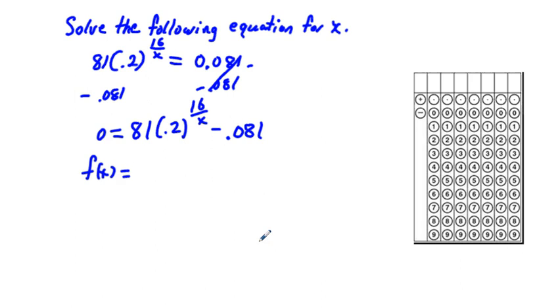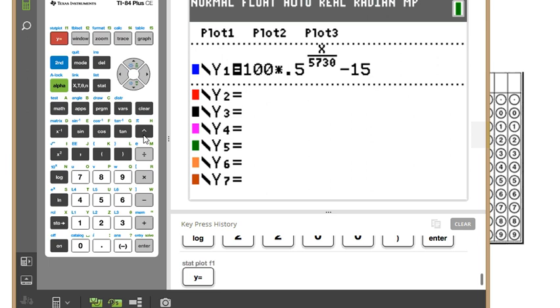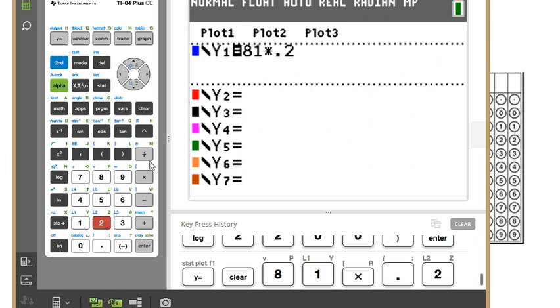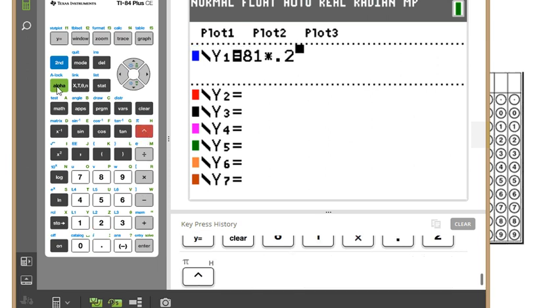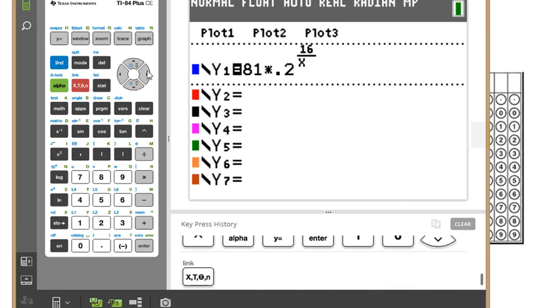So I'll go to the calculator and we go 81 times 0.2 to the power of 16 over x, and from this we're going to subtract 0.081.